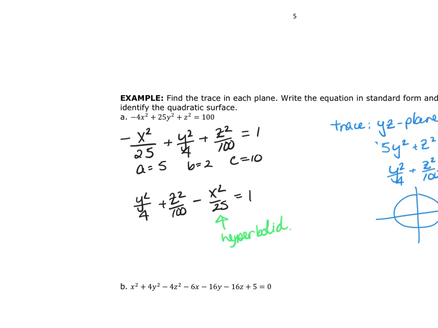And not only do we know it's a hyperboloid, we know that the axis of symmetry will be the x-axis.